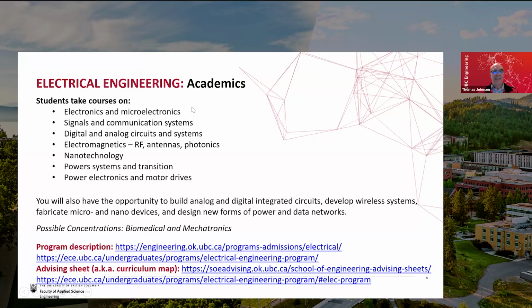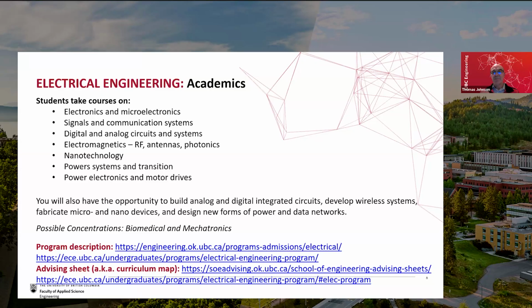If you enroll in electrical engineering, there's a really wide range of courses that you would take in your early years of the program. You build up fundamental knowledge, maybe in things like circuits and mathematics and electromagnetics and digital circuits.